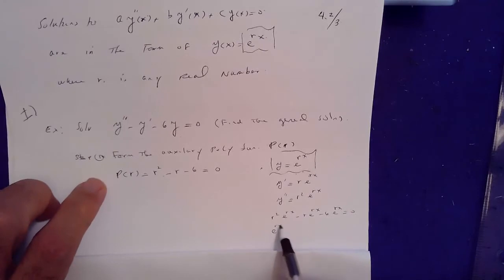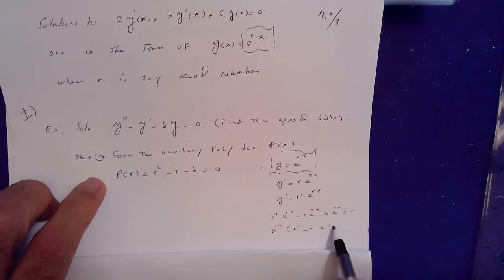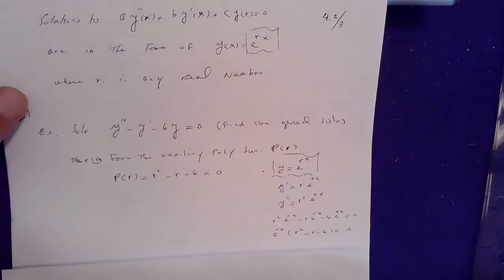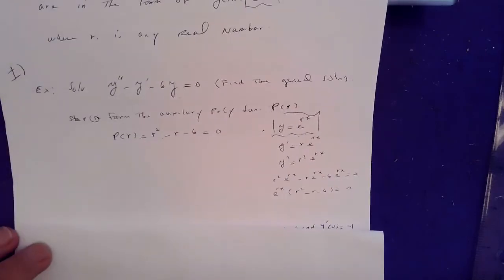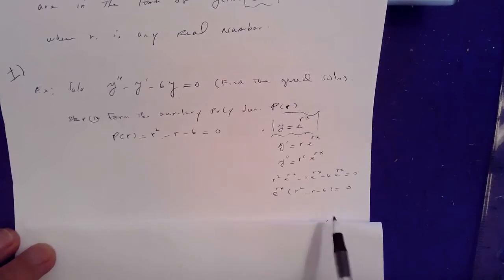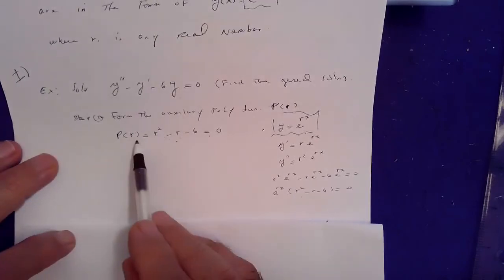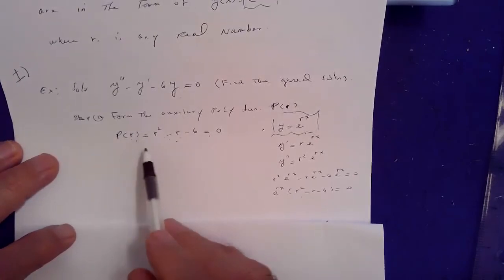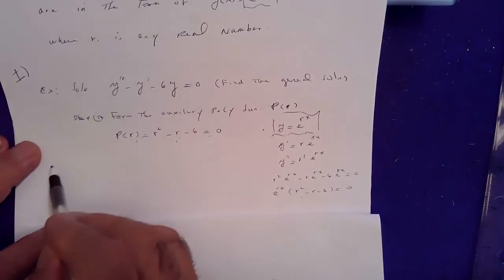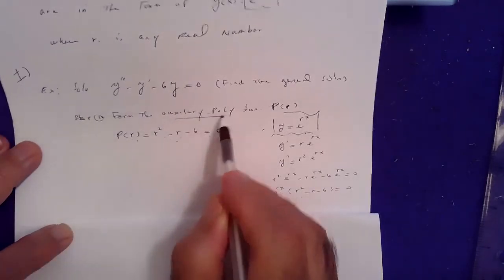Factor out e to the rx, and lo and behold, you get r squared minus r minus 6 equals 0. But you and I both know, just like before, e to the rx cannot be 0, so this guy has to be 0, and that's where it comes from. Set this equal to 0 so you can find the roots of this so-called auxiliary polynomial. That's why it's called the auxiliary polynomial.